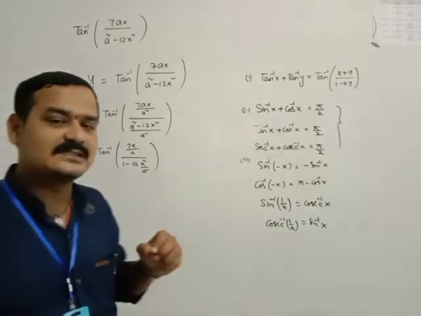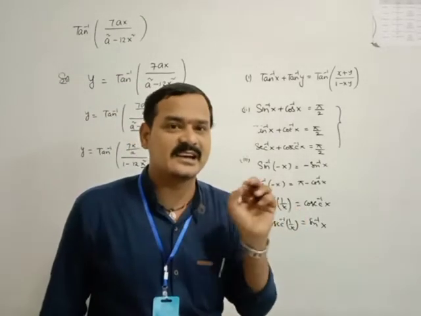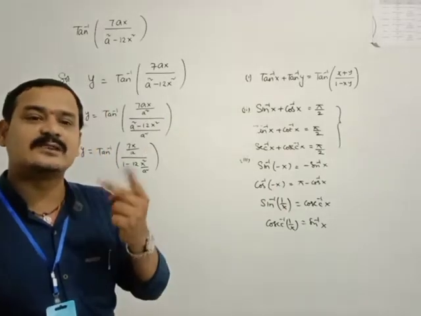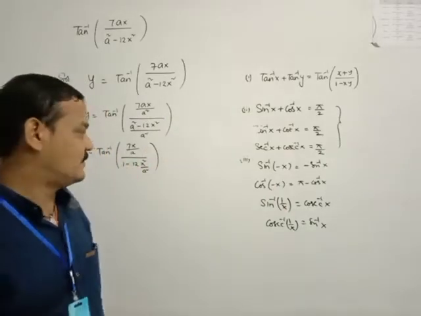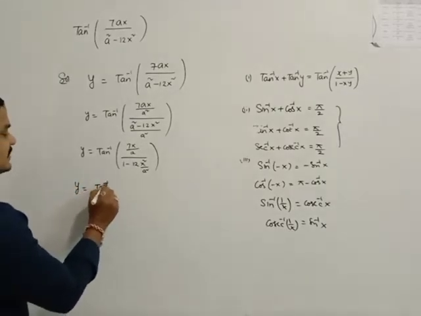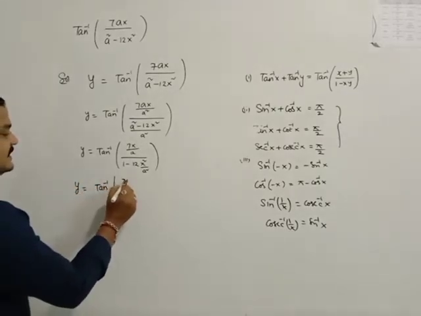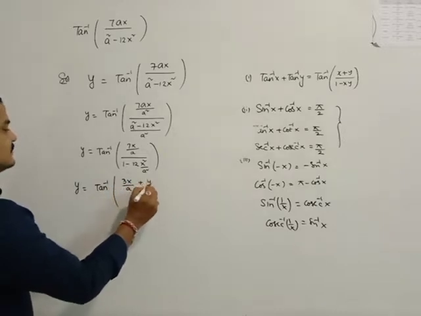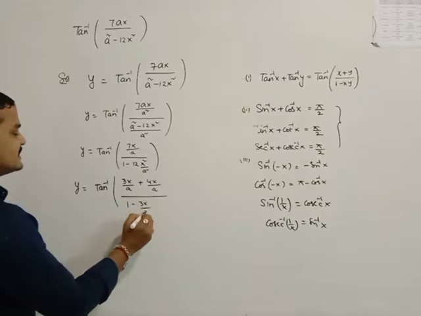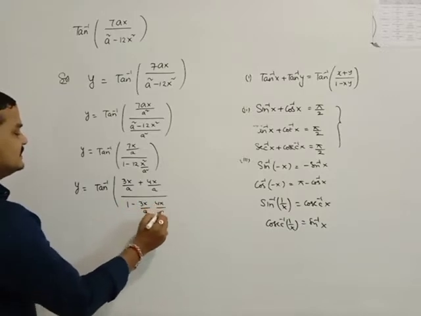What are the numbers? According to the roots formula, sum is 7, product is 12, the two numbers are 3 and 4. So you add in the formula: tan inverse of 3x by a plus 4x by a, whole by 1 minus 3x by a into 4x by a.